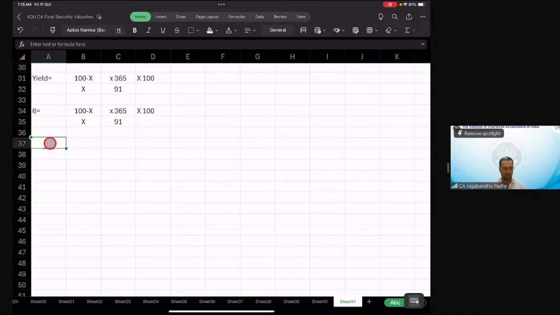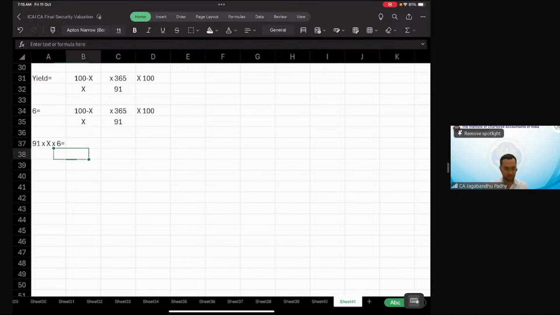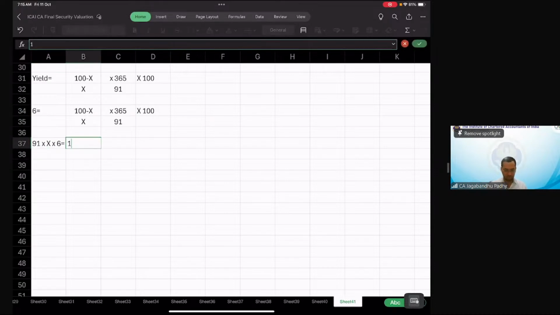Over here we'll say 91 into X multiplied by 6 should be equal to 100 minus X, this entire aspect further multiplied by 365, further multiplied by 100.